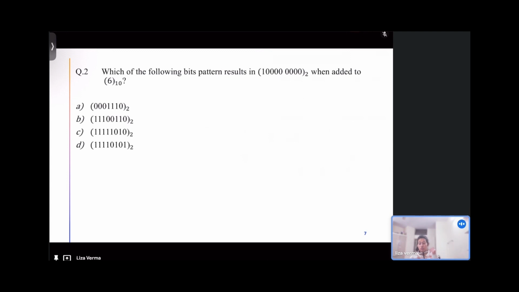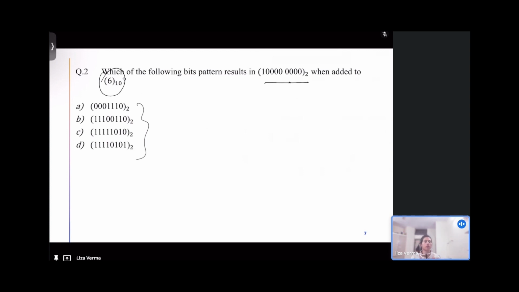Yes. So which of the following bit patterns results in this given string when added to 6 in base 10? So we are given 4 options of bit patterns, and we are asked which one of them will result in this bit pattern when added to this. So one of these when added to 6 in decimal number system will give us this, right?